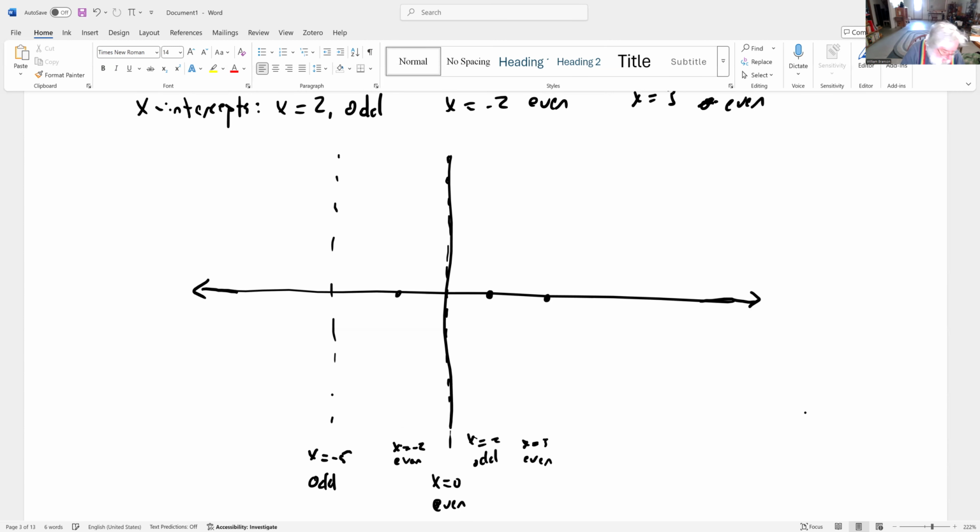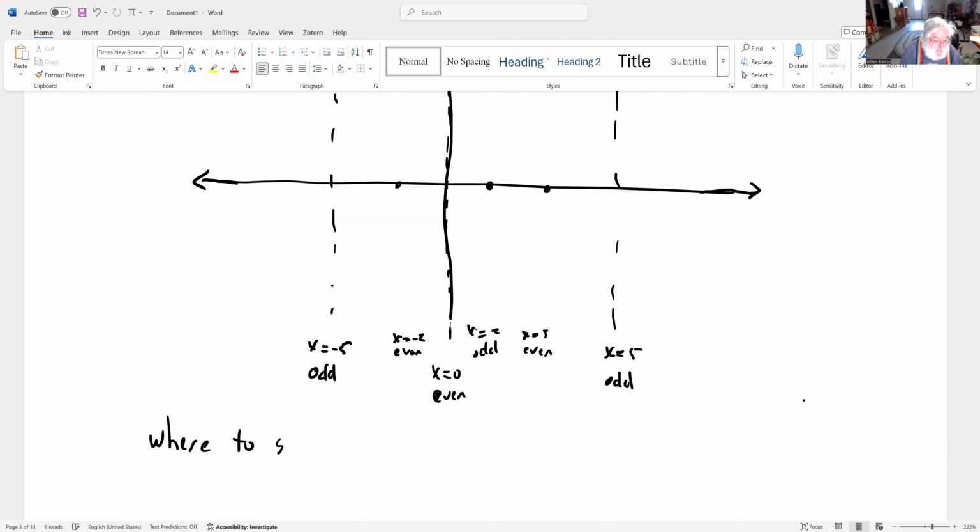Now, the question that we're faced with now is where to start. In the previous cases, we used the end behavior because the end behavior was away from the x-axis. We definitely started negative, or we definitely started positive. Here, we don't know because our end behavior is 0. So where do we start?